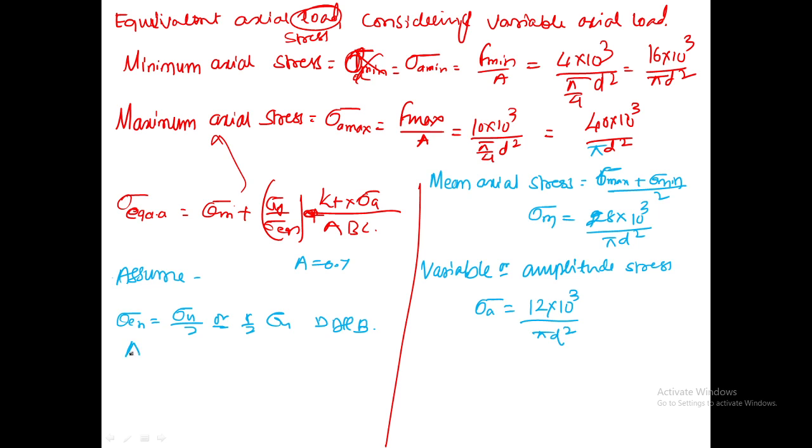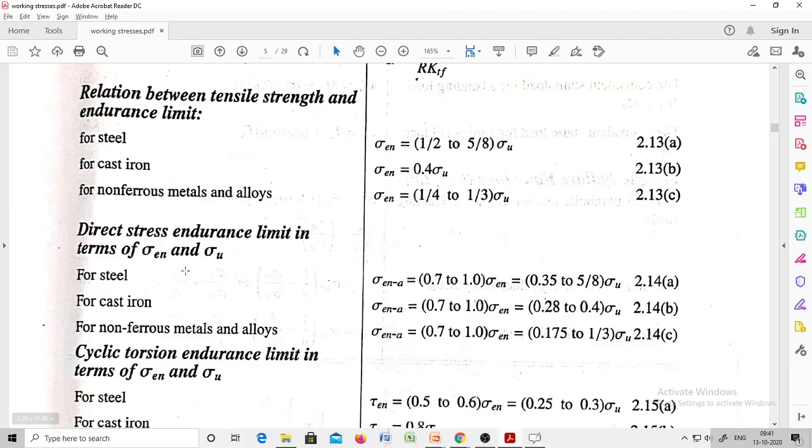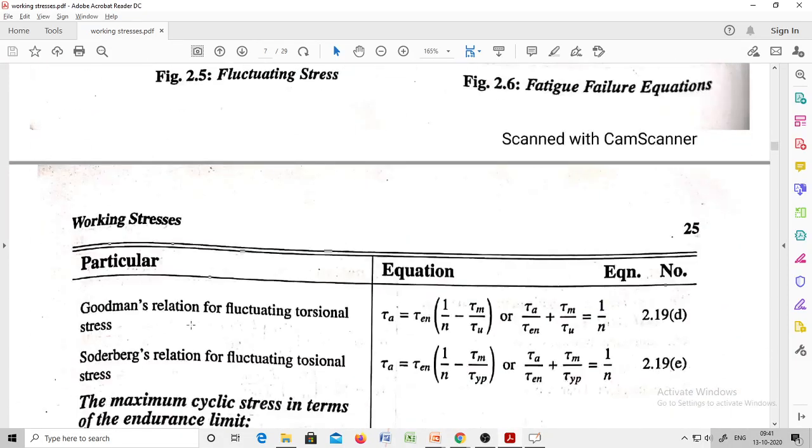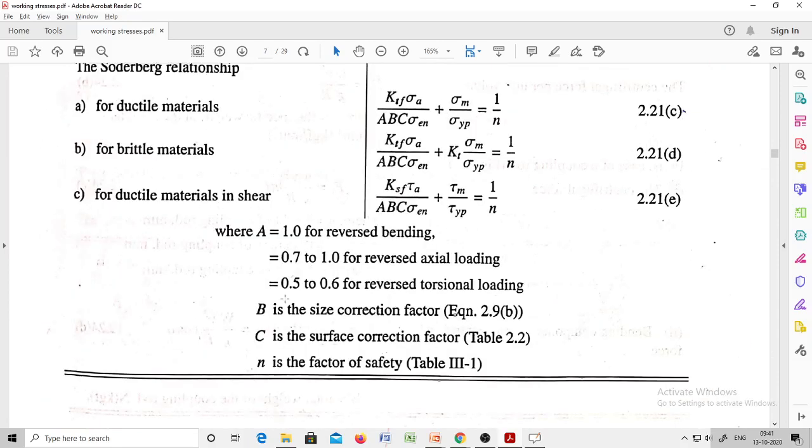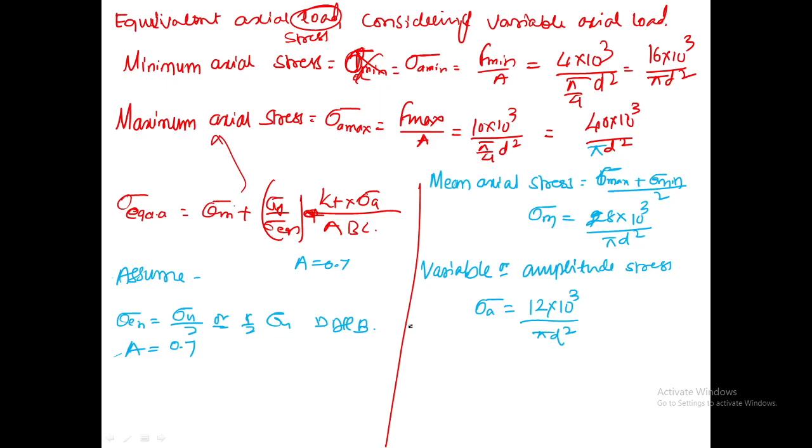So next we will go for load factor A equal to 0.7, as noted from the data handbook. If the axial load is variable, you can select 0.72. So let us check it in the data handbook. Okay, so for reverse axial load you can take the value of 0.721. Okay, let us go for 0.7 here.